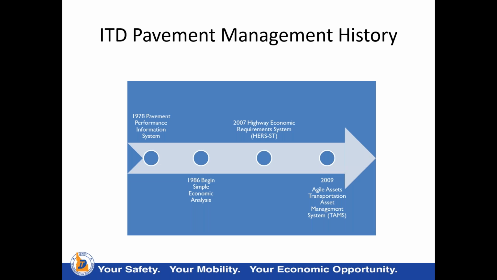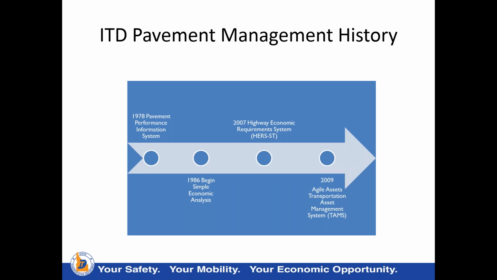Like most state departments of transportation, the Idaho Department of Transportation, ITD, is no stranger to seeking better ways to manage our pavements. And our quest began nearly 40 years ago as we developed a mainframe system to track and report on pavement performance. In the mid-'80s, we refined the system to enable us to perform some simple economic and alternatives analysis.